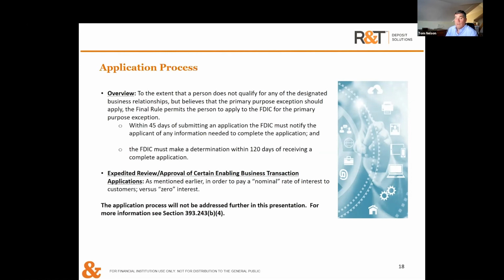The FDIC will, within 45 days, provide that entity with the information it needs to complete the application. And the FDIC will make a determination within 120 days of whether or not they will be granted the primary purpose exception.